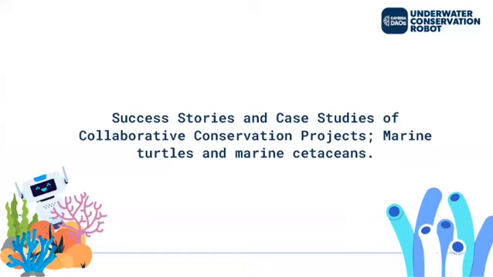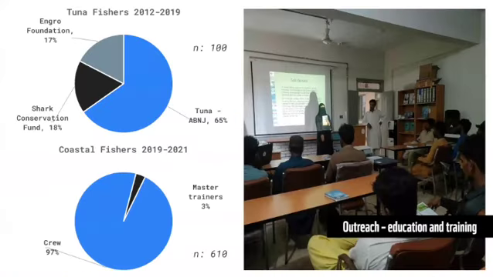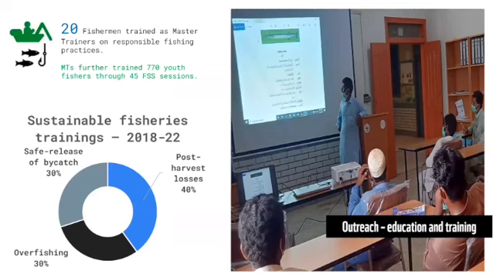The scenario was set after the scenario. The situation is worse, especially for the conservation of the turtles. What happened? We came up with outreaching the fishermen. We worked with more than 100 fishermen, and our outreach to coastal fisheries was more than 610 as well, ultimately on post-harvest losses, safe handling and release of bycatch, and overfishing sessions as well.